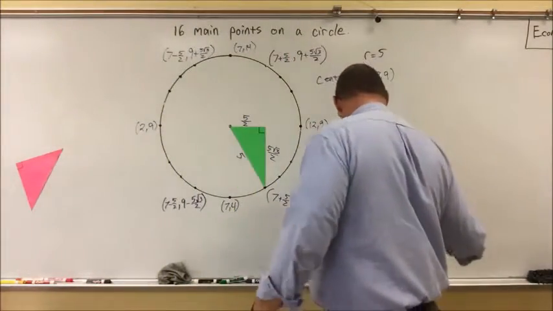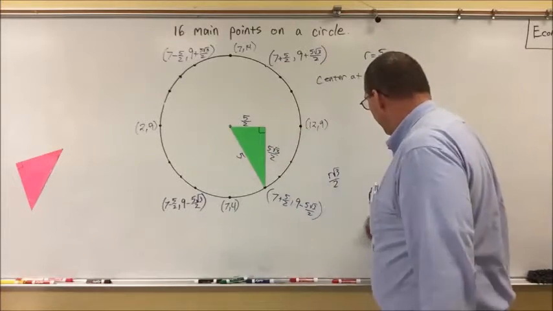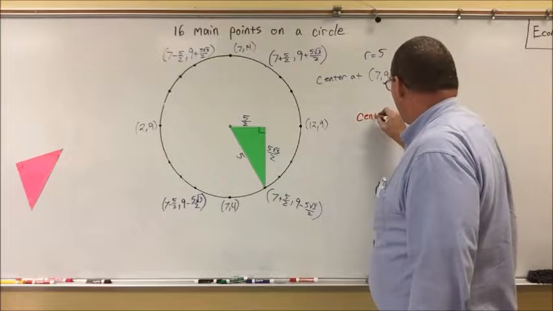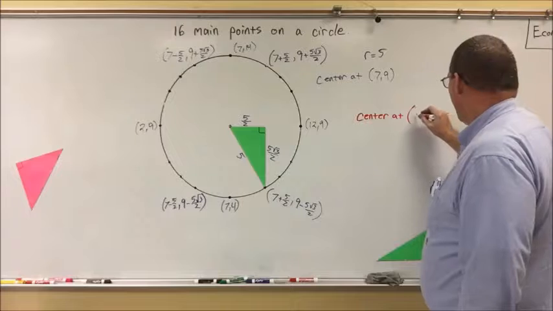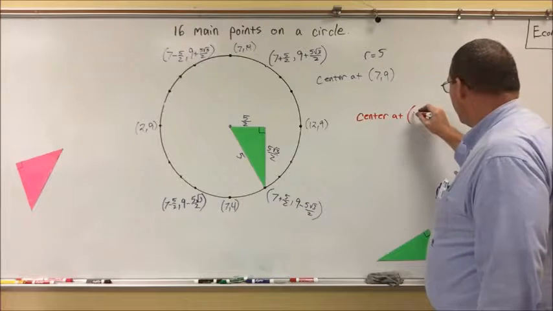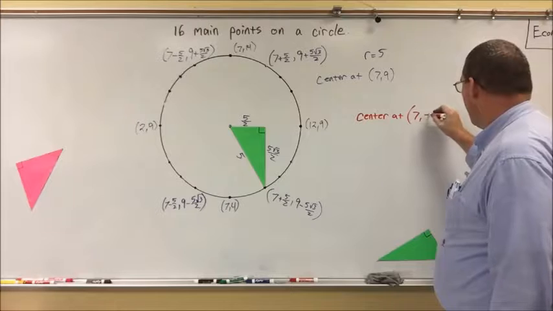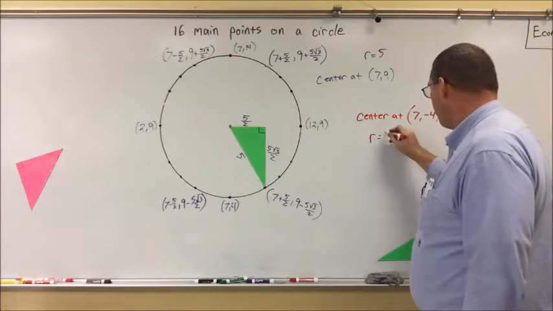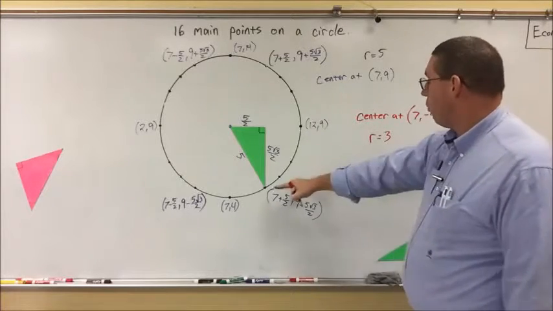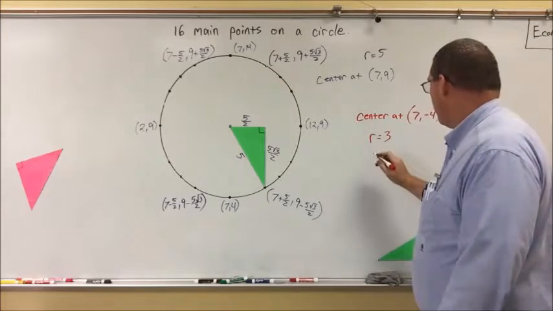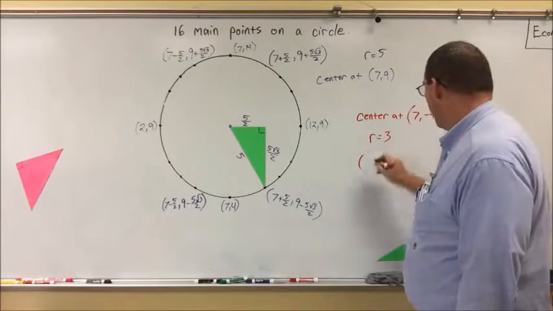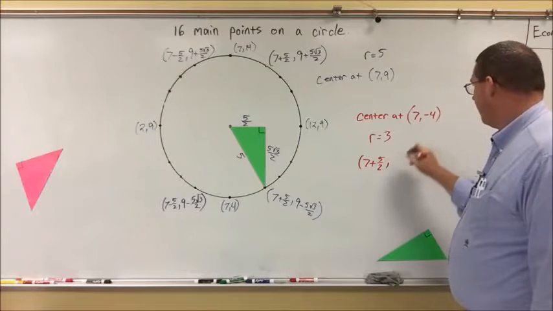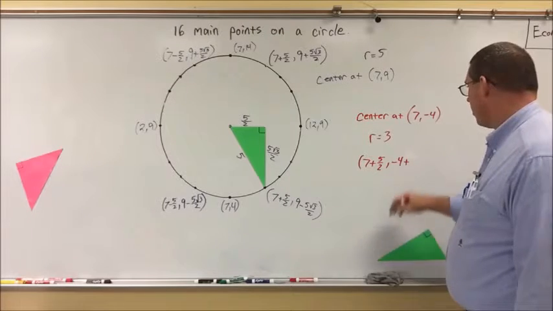Oh, let me show you, because I did this with the other ones. Let me go ahead and do an example. If you told me there was a circle that had a center at, let's say, 7 and negative 4, and it had a radius of 3, then these four 60-degree angle points, the first one would be at 7 plus 5 over 2, comma, negative 4 plus, oh, sorry, I put 5 over 2.